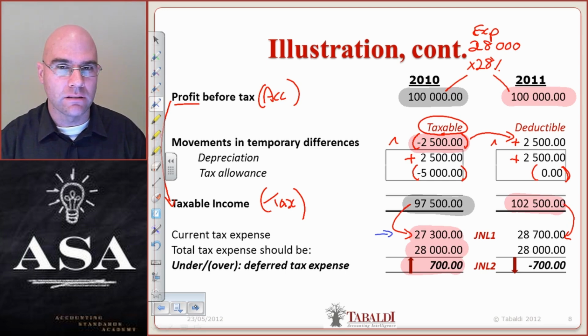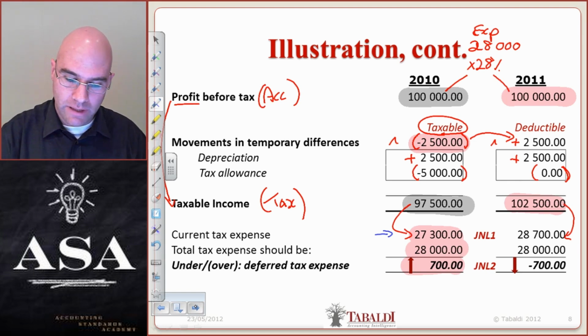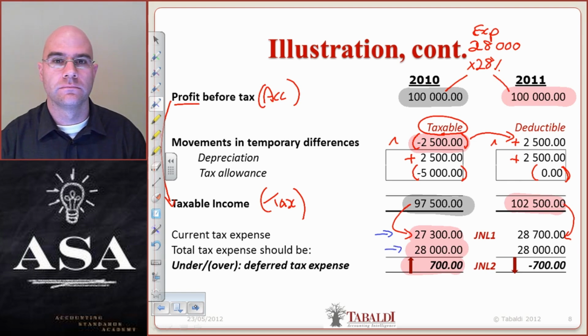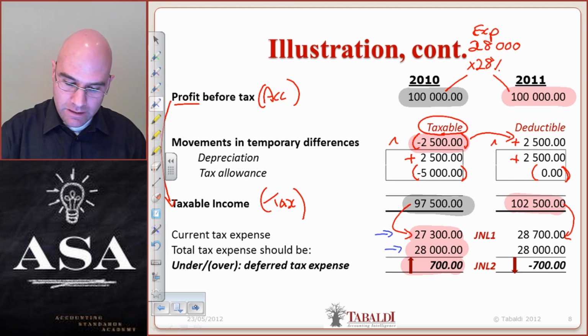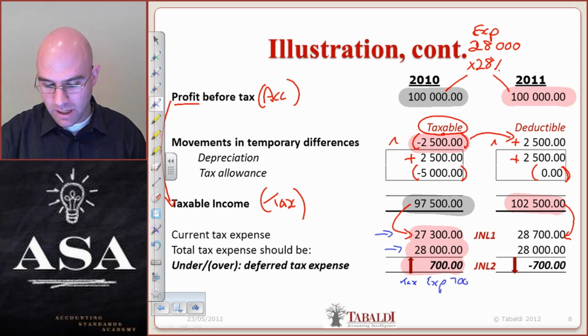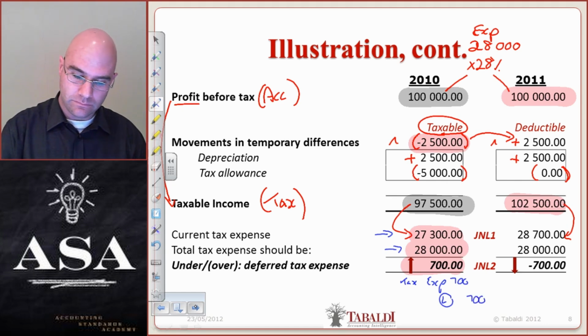But the tax for accounting, ignoring any permanent type differences, well, that should have been 28,000. So I need to go and increase tax expense by 700, and I'll have some type of liability of 700.